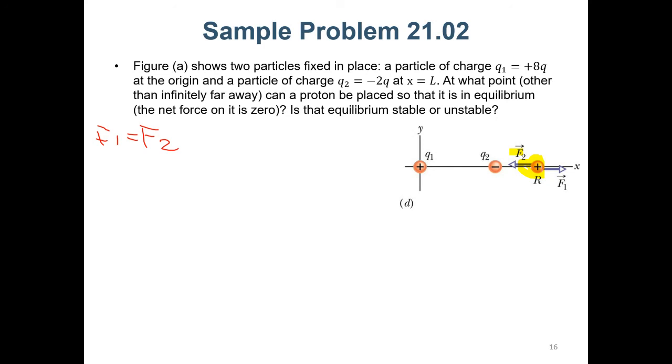So as long as they have an equal amount of magnitude, then they will cancel each other perfectly. So for F1, we know that this is L, and let us assume this is x, which is the distance between Q2 and R.